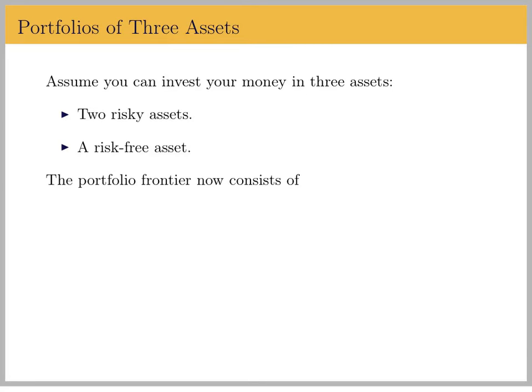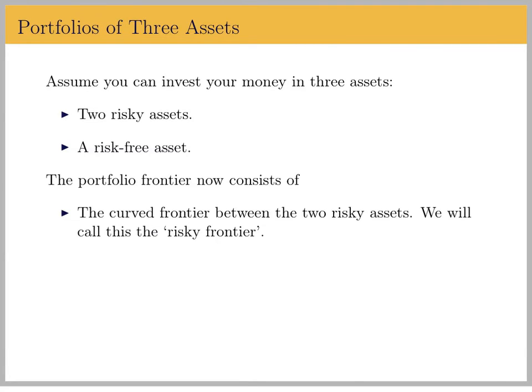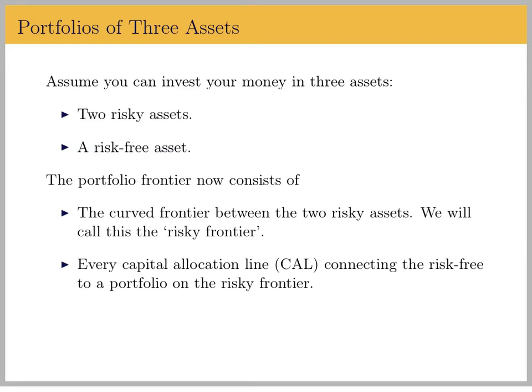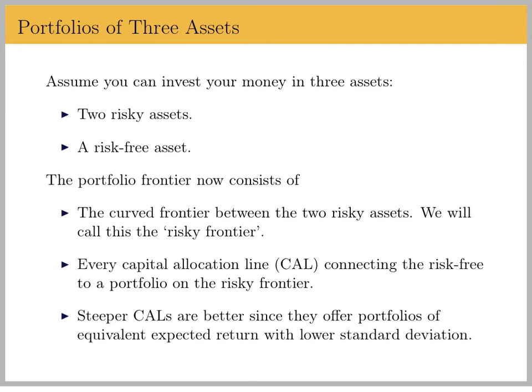So now the portfolio frontier is going to consist of all the curved risky frontiers. I'm going to call it a risky frontier, those curved frontiers that we were just looking at in the picture. So the overall frontier will now consist of those curved frontiers between the 2 risky assets, as well as every possible capital allocation line connecting the risk-free to any portfolio on the risky frontier.